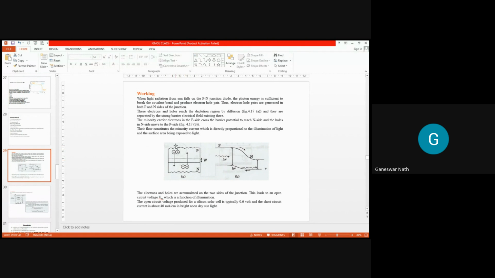And I told you when light is incident here, the holes simply move towards this junction region, this gallium arsenide here. And the electrons are also moving towards this.